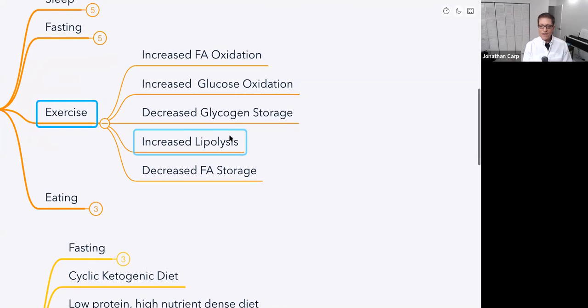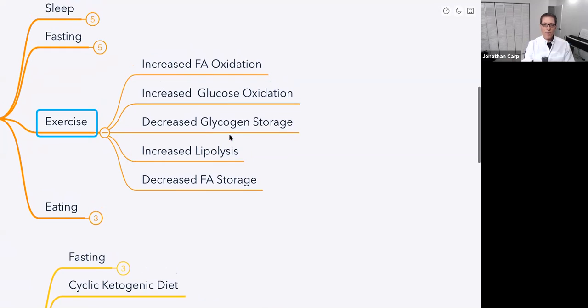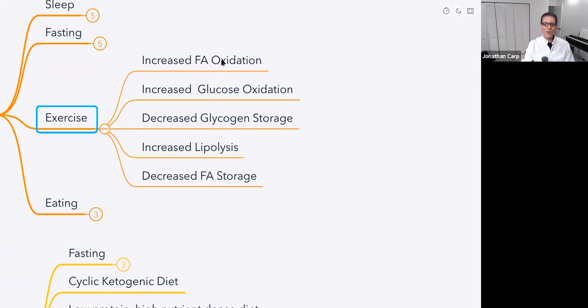So when we're talking about exercise, your body is going to increase the use of fatty acids by your mitochondria for energy. You're also going to get decreased glycogen storage. Your body is using that. Increasing your lipolysis, because your body is going to need the fatty acids to use, and then decreased fatty acid storage, because again, you're using it.